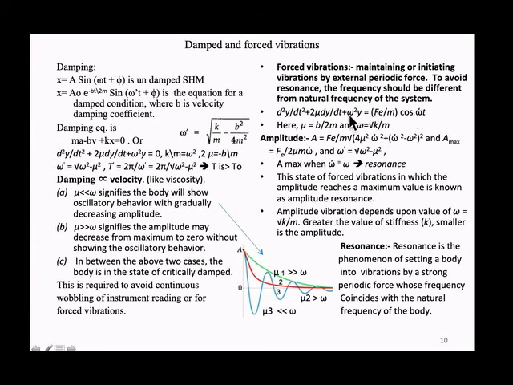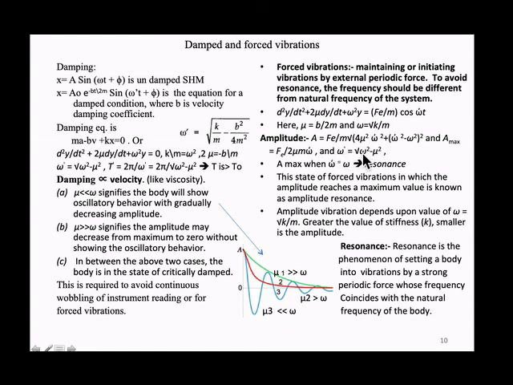Please note that if omega dash is omega, then resonance will occur because the external frequency is equal to the natural frequency. It will cause resonance and the amplitude will be maximum. Otherwise, the amplitude is the external acceleration, F by m, divided by the square root of 4 mu square omega dash square plus omega dash square minus omega square whole square.